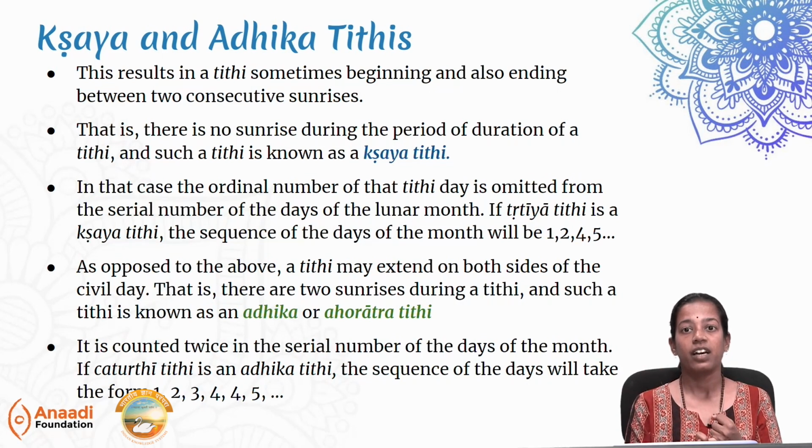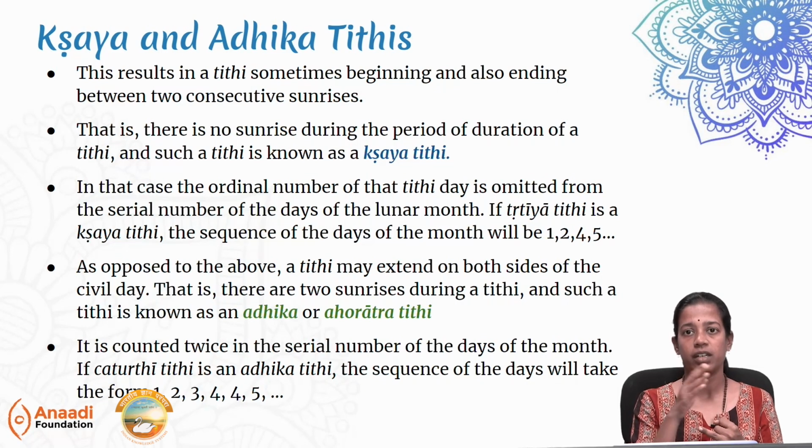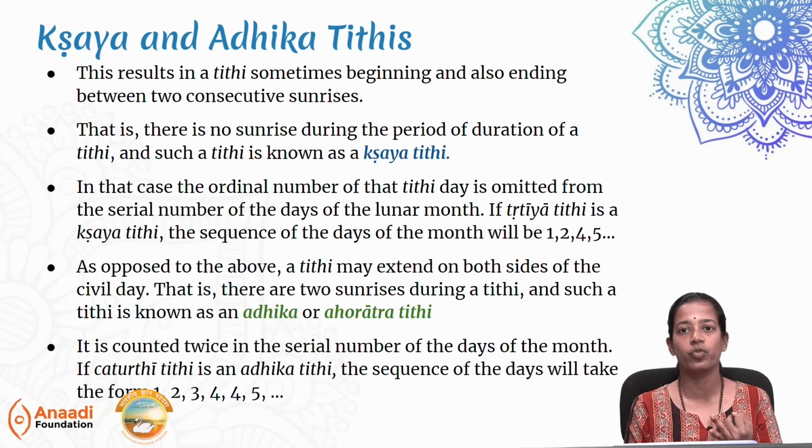We also saw what is an Adhika Tithi, wherein the Tithi will span across 2 civil days. It will see 2 sunrises, and the sequence of the days will hold the ordinal number of that Tithi in that particular lunar month. So, this too we have seen.